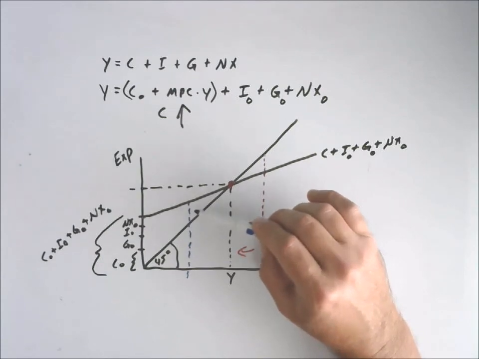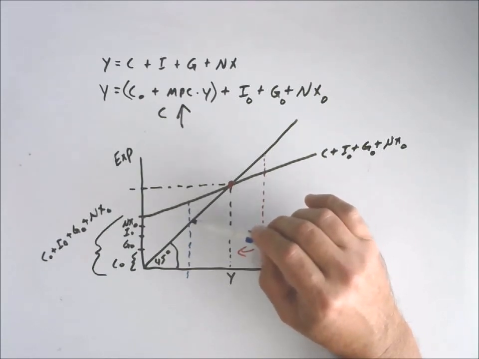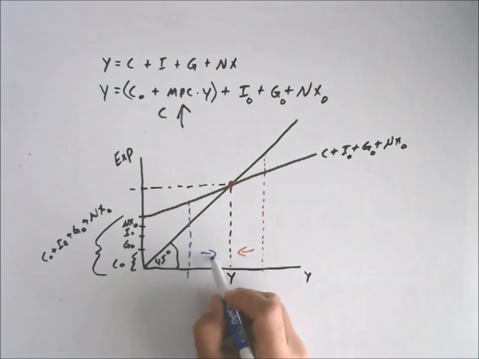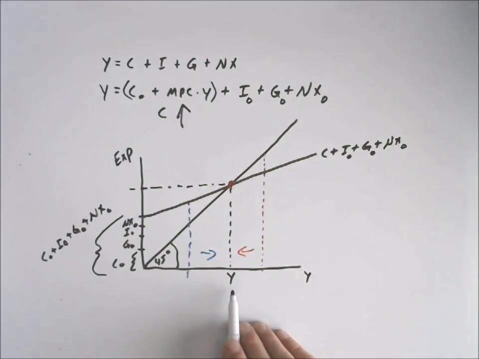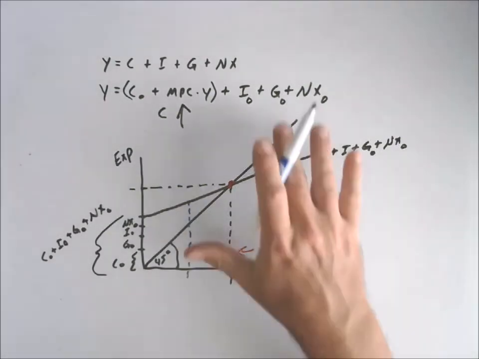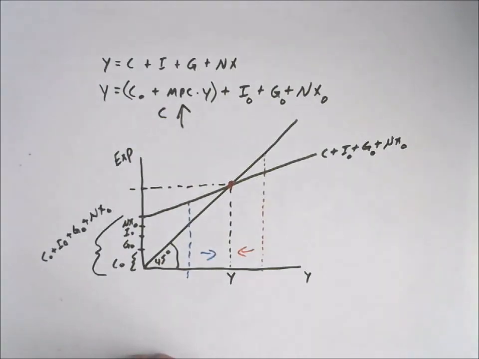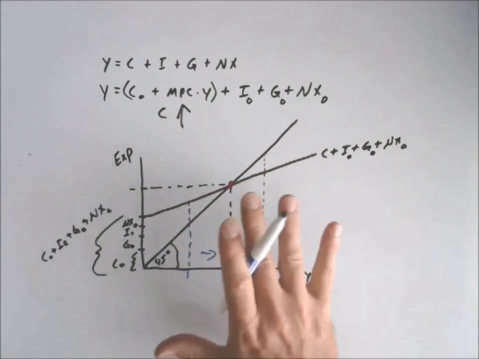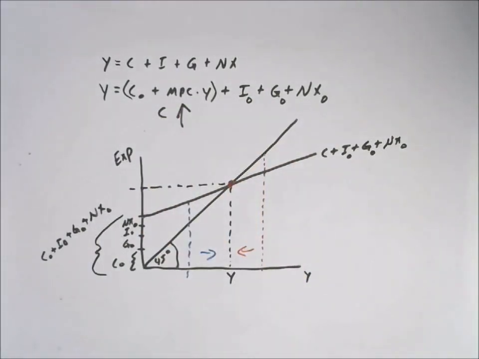What does this mean? Their inventory stock is going to be depleted and they're going to have to bump up production, moving toward equilibrium real GDP. That is our complete expenditure model, the Keynesian cross diagram in a nutshell. We'll get to the dynamics of this diagram in the next video.